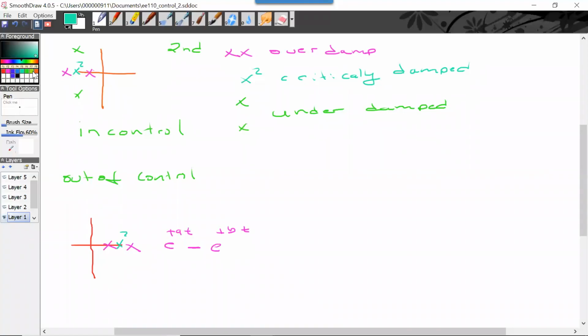You can even have complex poles, but there will be an exponential increase. What I'm saying is when out of control, it goes exponentially high or exponentially to negative infinity, and that's the end of it. You don't try to classify it any further. What we're seeking to do is push these poles this way so that we can bring the system back in control.